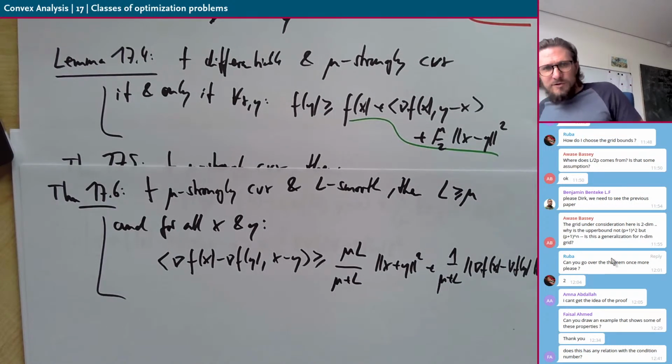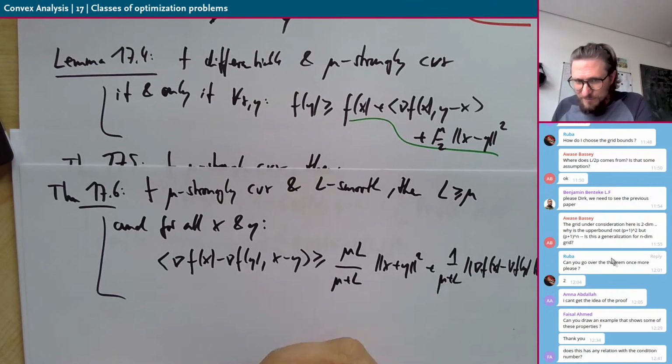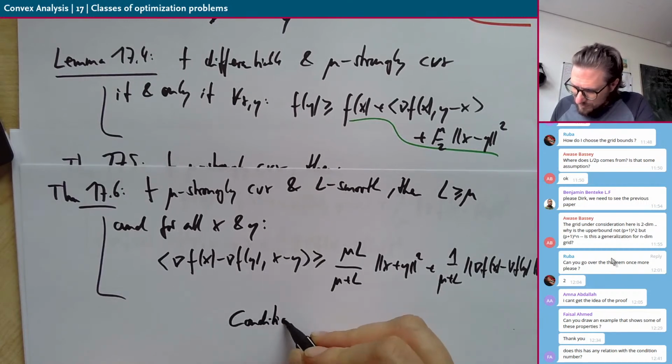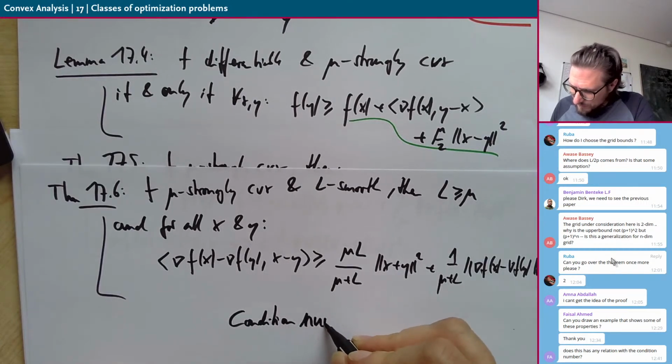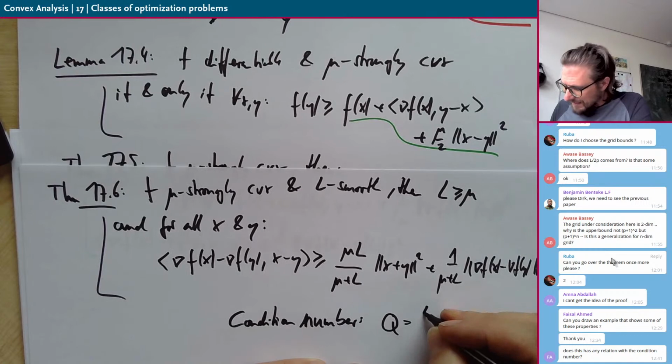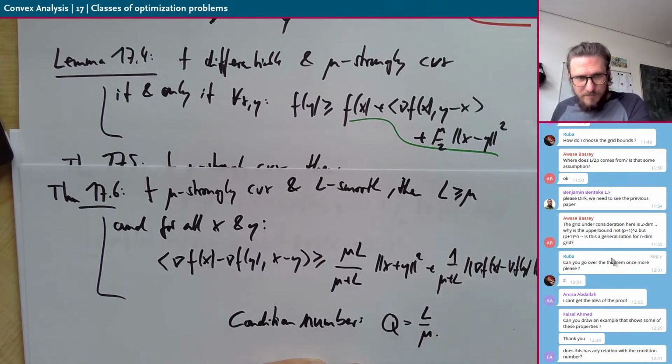What is called the condition number of a convex optimization problem is often just L over mu, L divided by mu. Maybe I would introduce it in the next lecture, but since you mentioned it now, why not? So in this case, the condition number is often called Q, at least I do it in this lecture. It's L divided by mu.